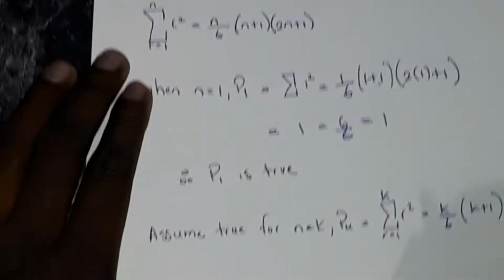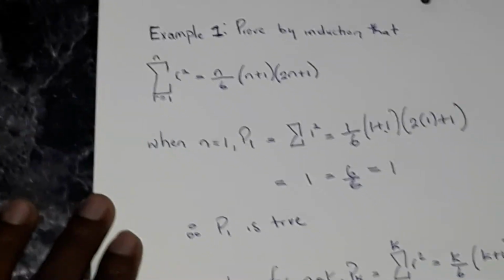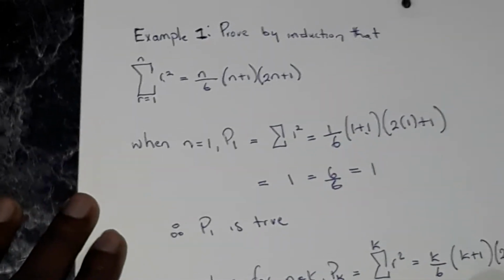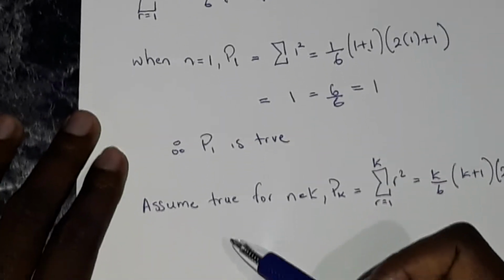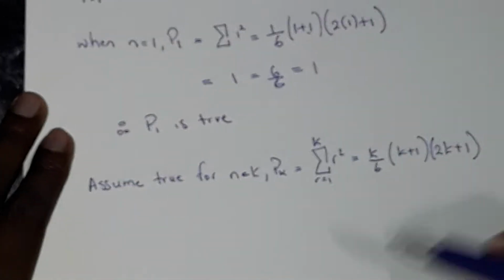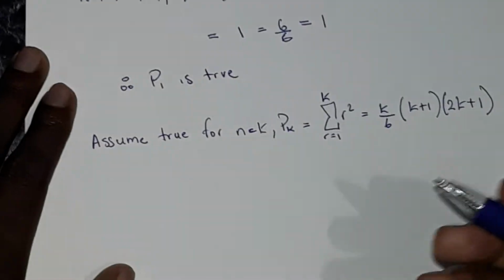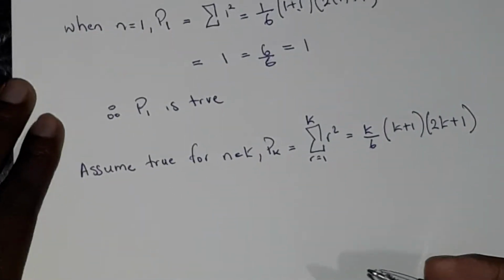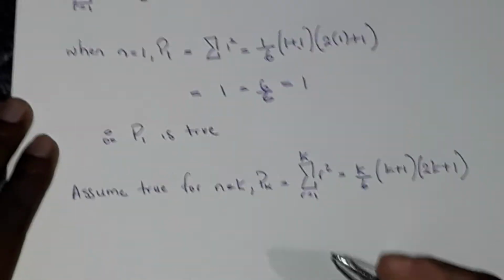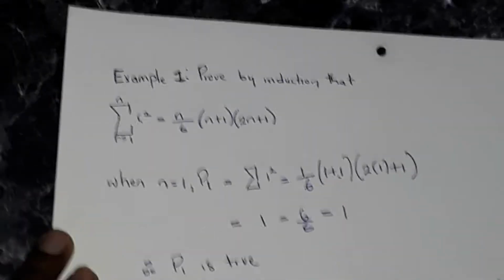Then we're gonna say that since we assume P of k is true, what we're gonna do now is try to prove that n equal k plus 1 is true.